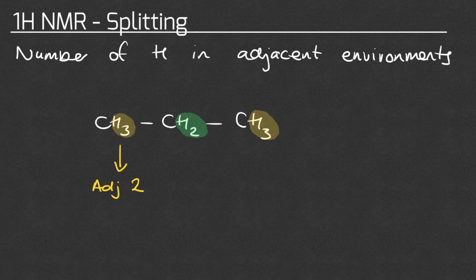So, for example, adjacent to the yellow environment is 2 hydrogens. It doesn't matter that there are 2 hydrogens adjacent to that environment twice, we don't double count. So we just look at one example of that environment, and each of the yellow hydrogens, no matter what position we look in the molecule, has got 2 adjacent to it. So in this case, the yellow environment has got 2 adjacent.